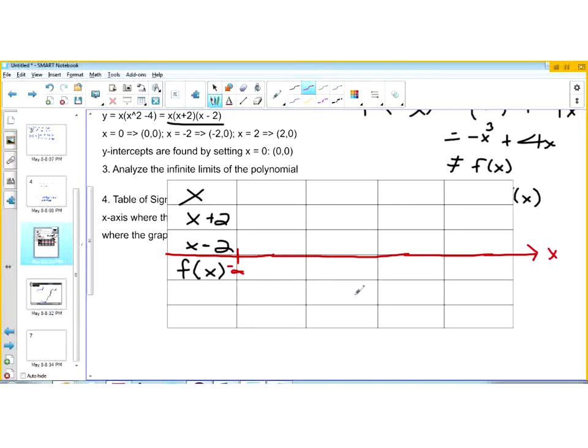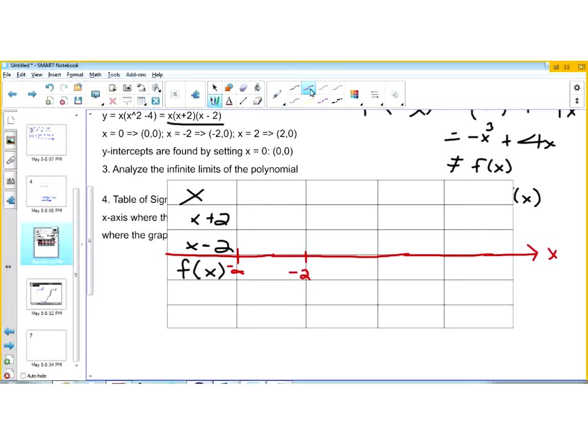So this bar would denote negative infinity. And the next intersection right here, we'll plot the smallest 0 of the linear factors, or the prime factors. So in this case, this point will denote -2 because it's a 0 of this factor right here.